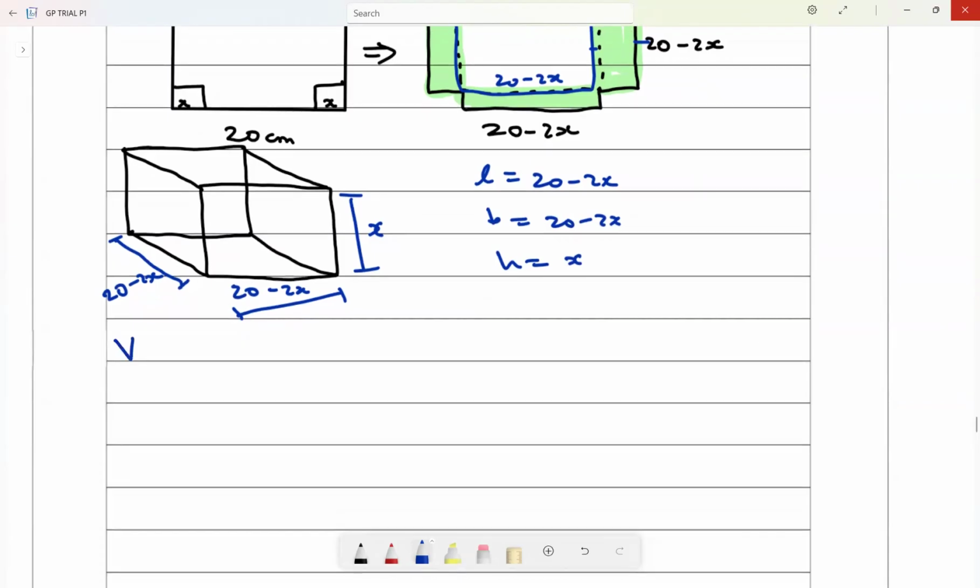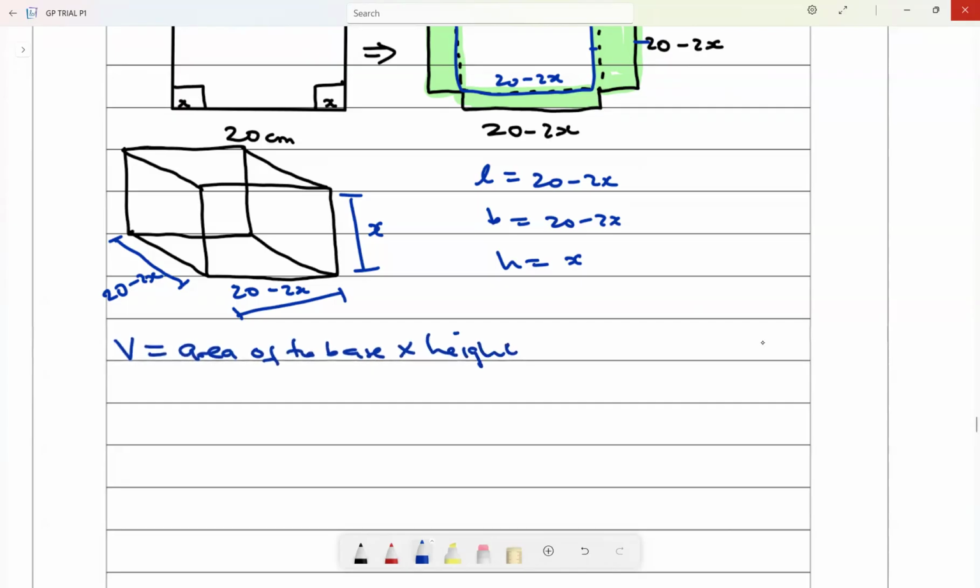So we have a formula for volume. This is just a box. Remember, what is a volume? A general formula for a volume is the area of the base multiplied by height.